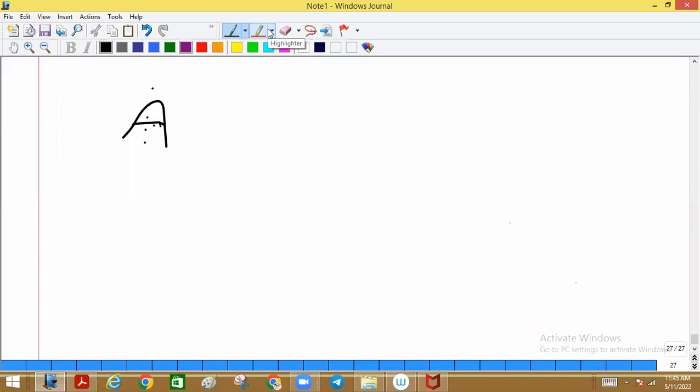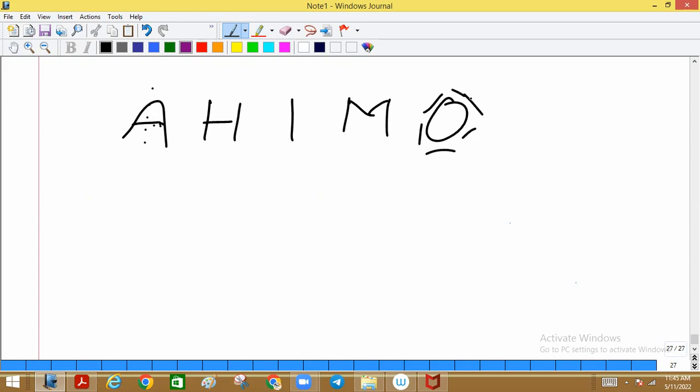Is there anything before H? Is there anything before H? Yes or no? No. Next one is H. Then I. Then M. Then O. O is spherical symmetry in the sense that it doesn't matter where you keep the mirror, it appears the same.